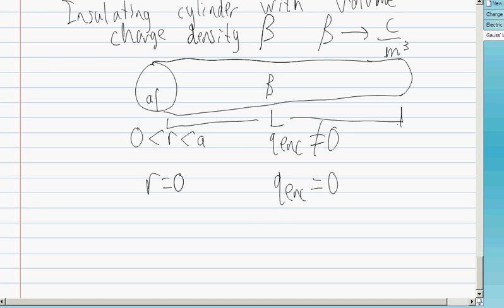Let's see. So, as we do that, it's kind of like the volume density of the sphere. Q enclosed is going to equal the density times the captured volume.